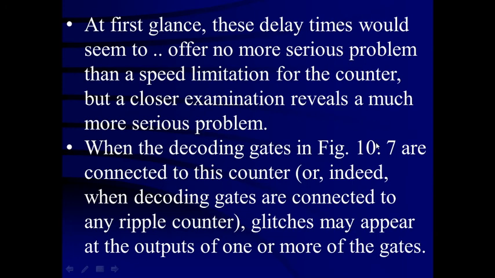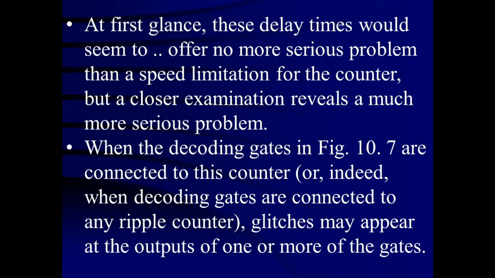At first glance, this glitch, which is an unwanted signal, is not creating much problem because the duration of this glitch pulse is very, very small. Sometimes it may not even appear on the oscilloscope.